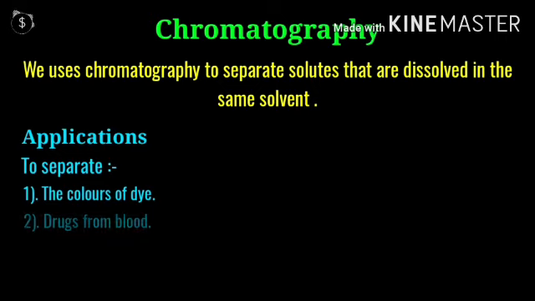Children, sometimes some people commit suicide, and in their blood the amount of drug or poison is present, and that can be separated by chromatography. And in a forensic lab we use chromatography to separate the different types of pigments or poisons present in the body.